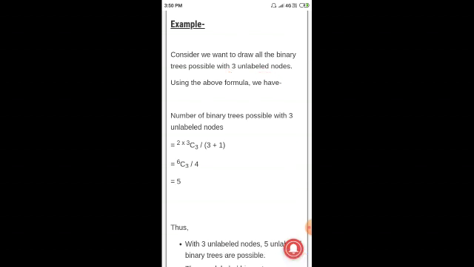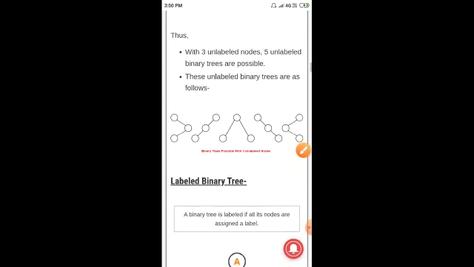So what are those? We'll see. These are the three nodes. We can form them like this, and like this. Here we call this a binary tree because this node has one child and this node has 0 children. This is also a binary tree. If more than two child nodes exist, then we cannot call it a binary tree; it would be a non-binary tree.